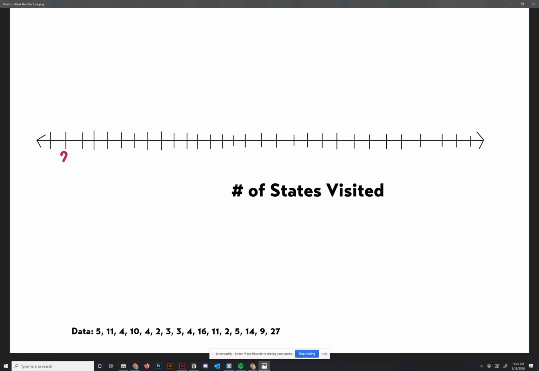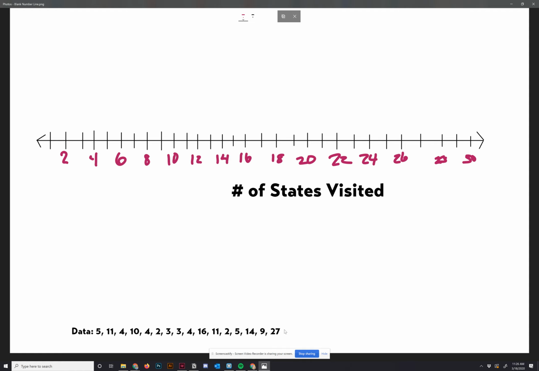The second line represents visiting 2 states, then 3 states, 4 states, 5 states, 6, 8, 10, 12, 14, 16, 18, 20, 22, 24, 26, 28, 30. The highest data number that we have is 27, so I just made my number line go up to 30. If we had more than that, you would want to keep your number line going out.